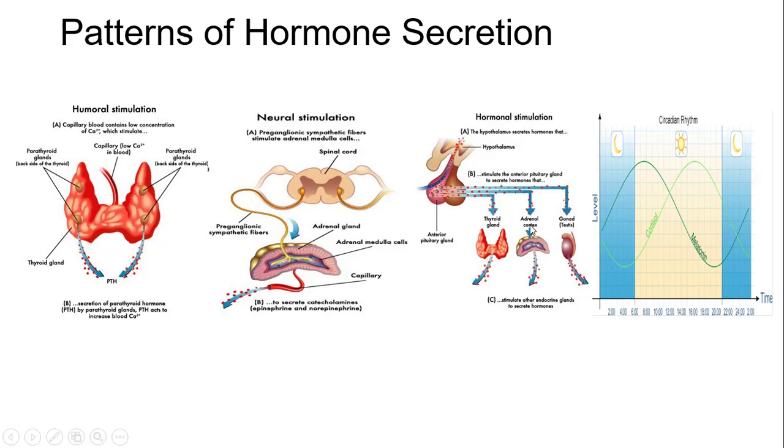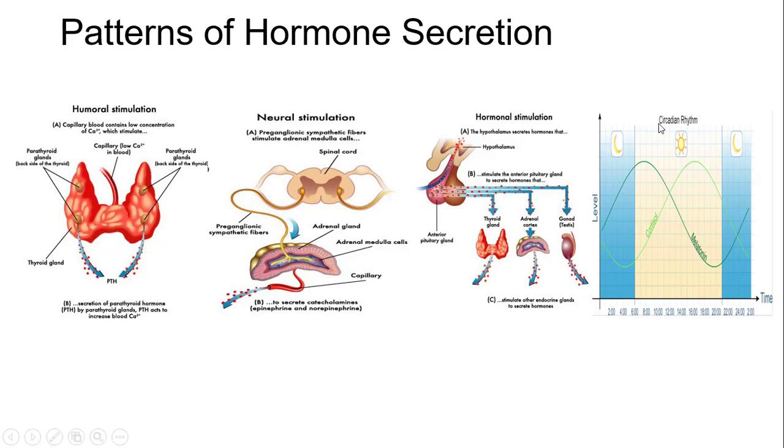In this case, ACTH will stimulate the adrenal cortex to release cortisol. The third example is the release of GnRH, gonadotropin releasing hormone, from the hypothalamus, and again it will stimulate the anterior pituitary gland to release luteinizing hormone, LH, and follicle stimulating hormone, that stimulate the testis, in this case, to release testosterone. This is the example of hormonal stimulation.